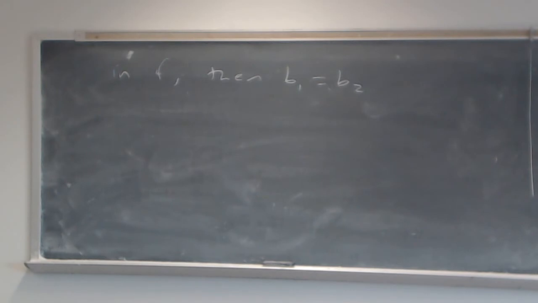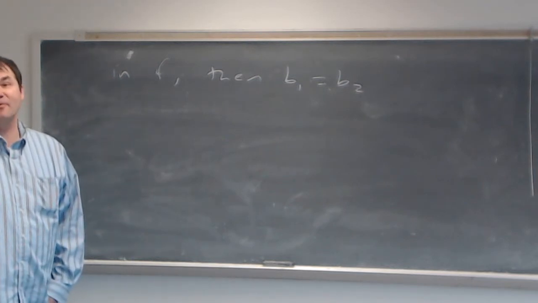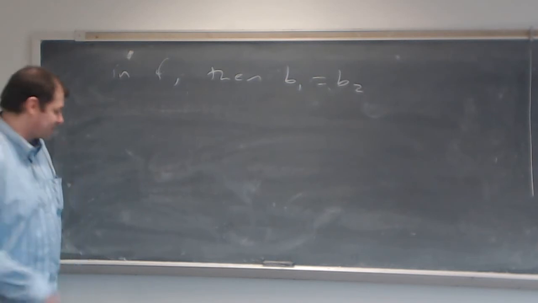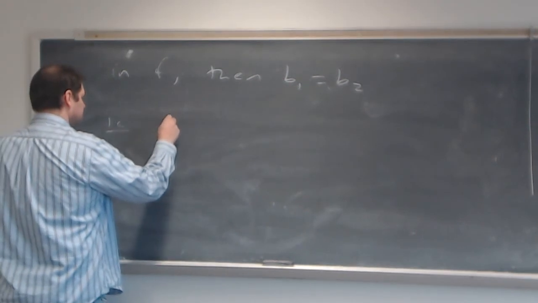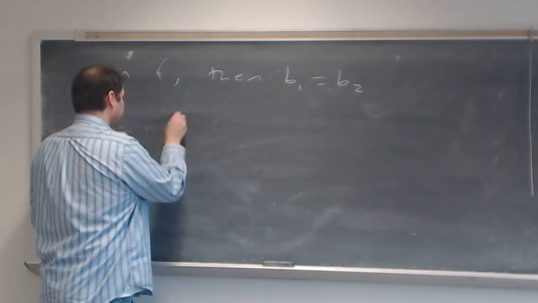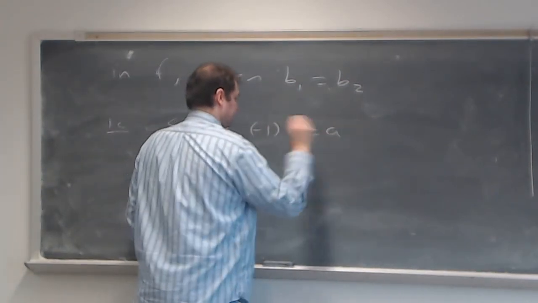Audrey, let's take a look at one of them. Which one do you want to look at? Let's look at one specific. I'd like to give everybody a problem. Sure, 1C. 1C, what's it say? It says that the quantity negative 1 times A is equal to negative A. Okay, so show negative 1 times A equals negative A. That's what we'll show.